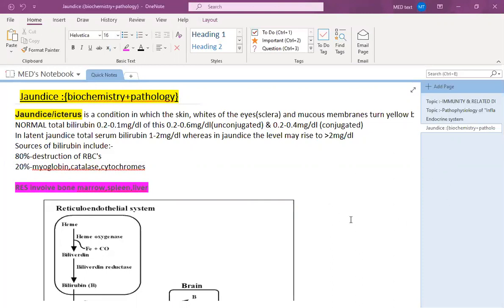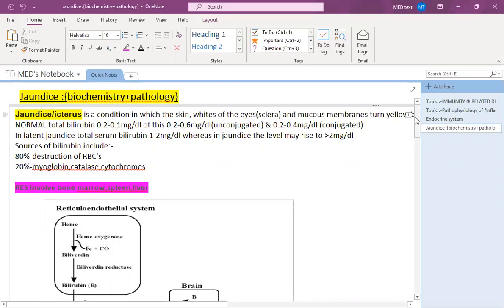So the next one is, what are the sources of bilirubin? Sources of bilirubin include: 80% is from destruction of RBC, that is RBC hemolysis, whereas 20% is from myoglobin, catalase, and cytochromes.